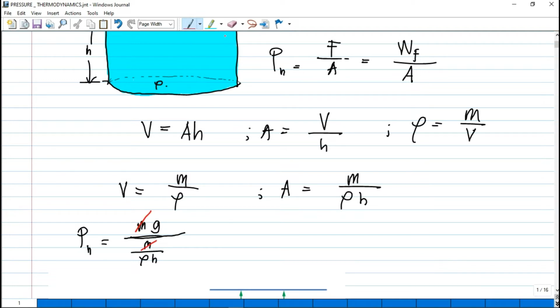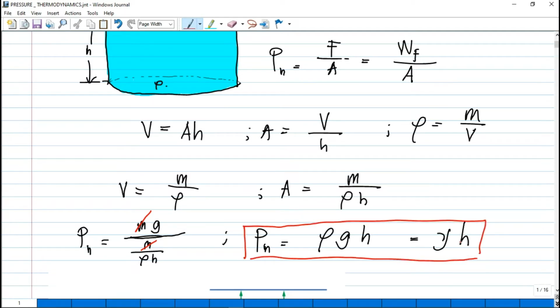So, pressure due to height is just equal to density times g times H. Okay, so itong density times g is just your specific weight. So, specific weight times H. Okay, so this is the formula for finding the pressure at a given height. So, ito yung formulang ginagamit natin in thermodynamics or in fluid mechanics.